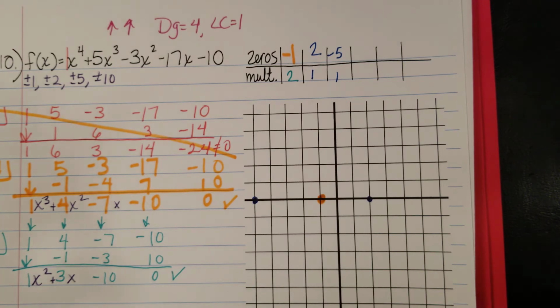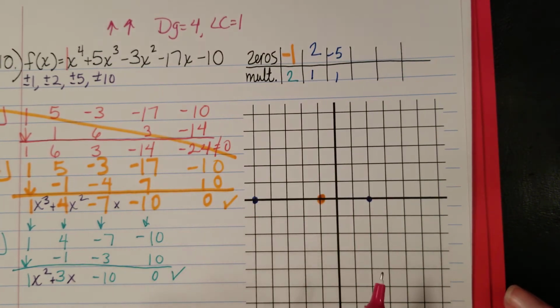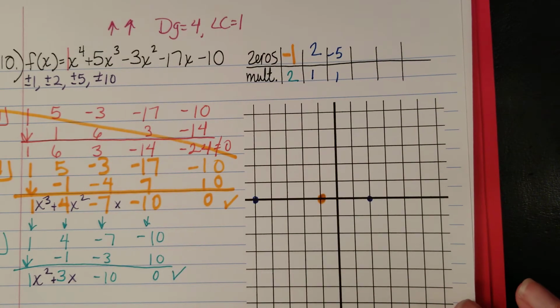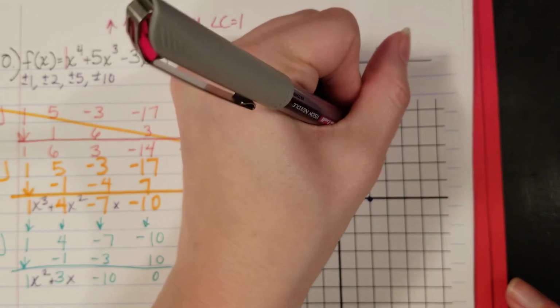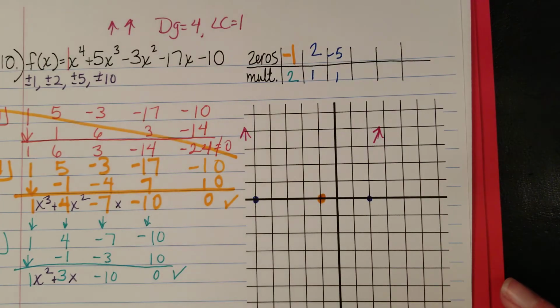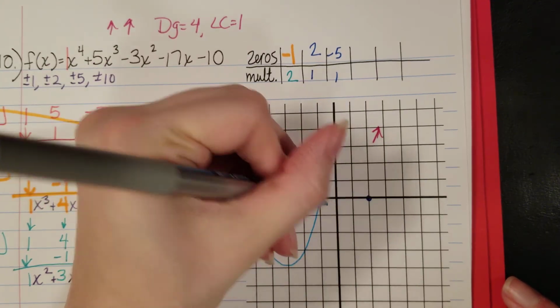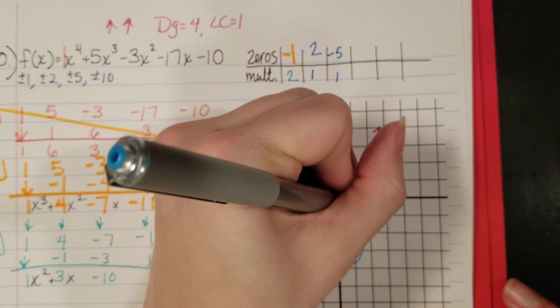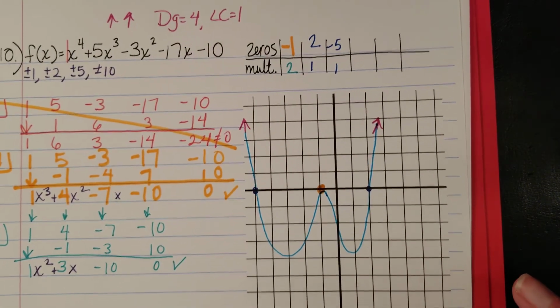All right, so straight, bounce, straight. Both arrows are up. There's my graph.